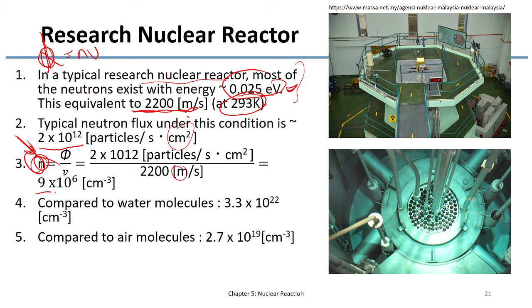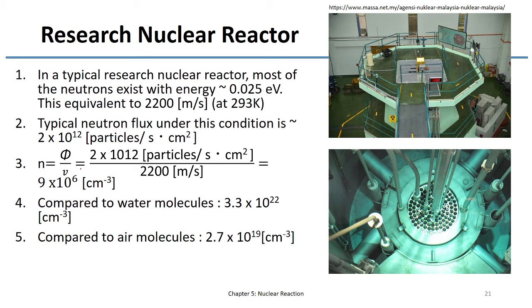You will get that the density of neutron is about 10 to the power of 7, okay, if you get 10 instead of 9. So roughly it is about 9 times 10 to the 6 per unit volume.